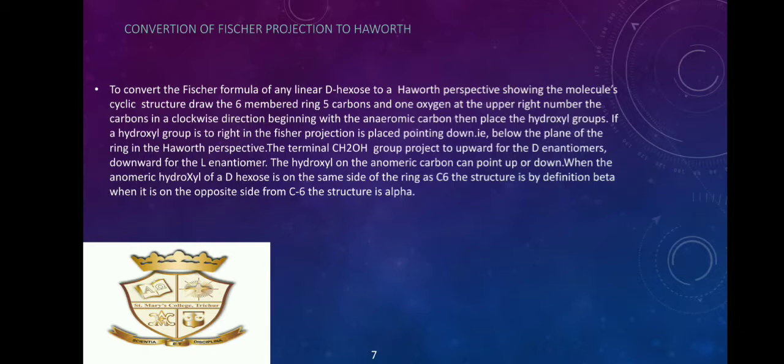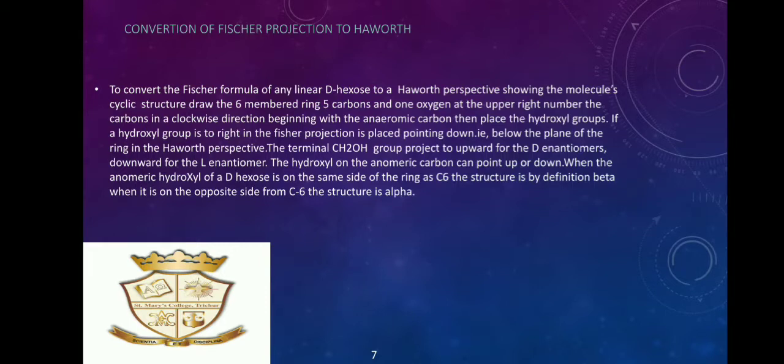If a hydroxyl group is to the right in the Fischer projection, it is placed pointing down, that is below the plane of the ring in the Haworth perspective. If a hydroxyl group is to the left in the Fischer projection, it is placed pointing upward. The terminal CH2OH group projects upward for the D enantiomer and downward for the L enantiomer.